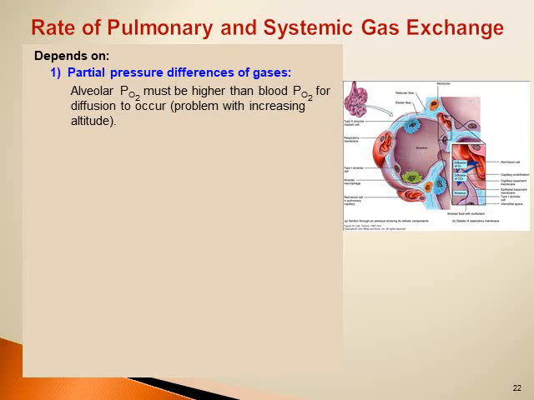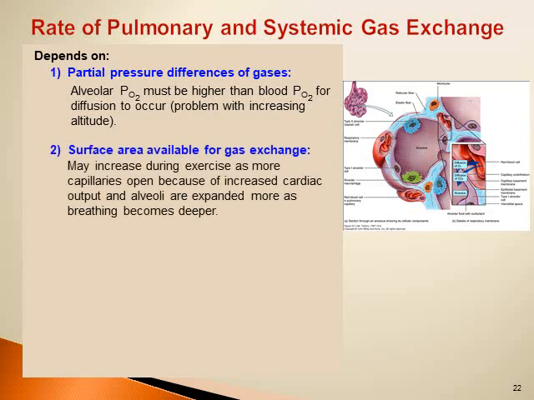So if we go to high altitude, the partial pressure of oxygen in the atmospheric air will be low. This will lead to lower partial pressure of oxygen in the alveoli, and this will lead to less gradient, so the driving force for oxygen to move from the alveoli to the blood will be less. So this will affect the diffusion of oxygen.